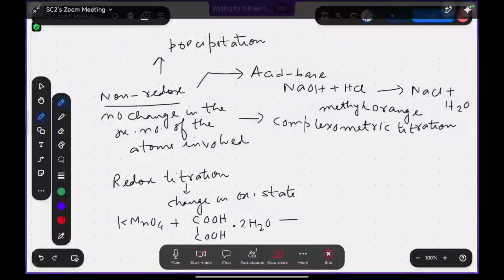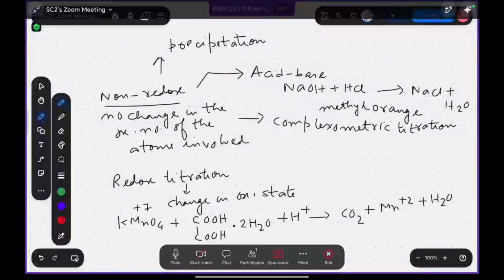Obviously an acidic medium is required, in the presence of H+, producing carbon dioxide gas, Mn2+ ion, and water. If you find out the oxidation states, you will find that every species is changing its oxidation number. For example, manganese goes from +7 to +2. That means reduction.